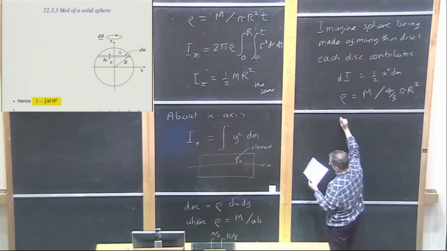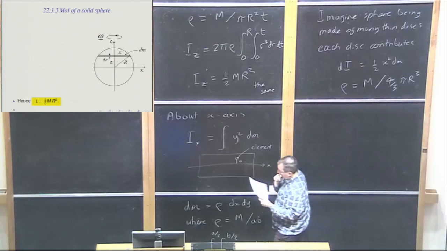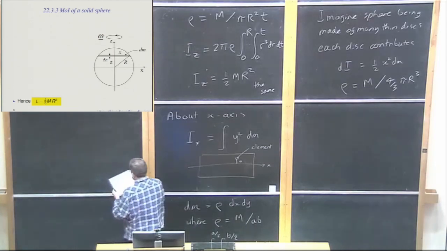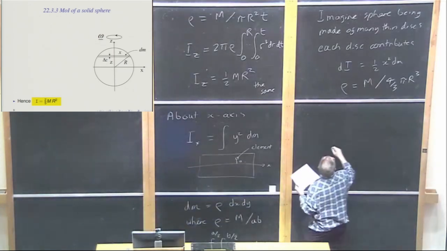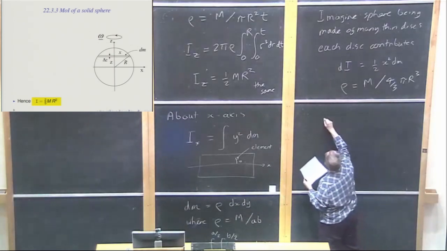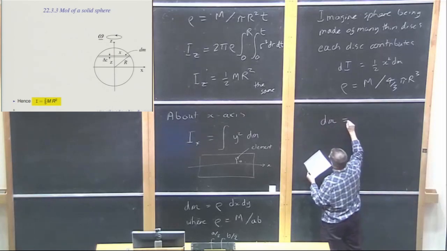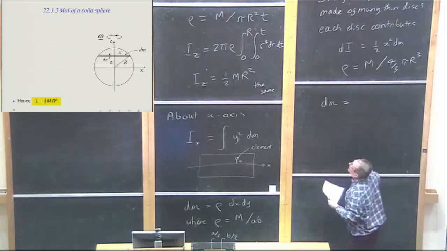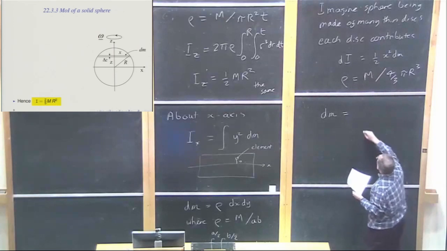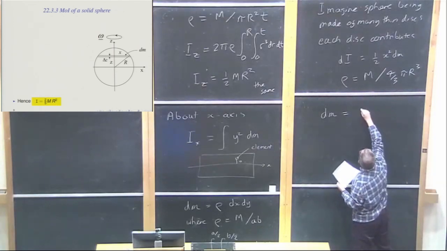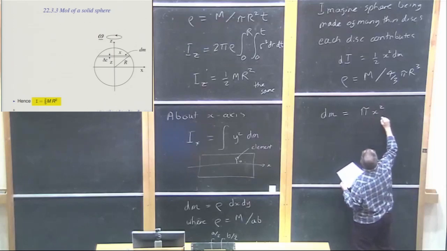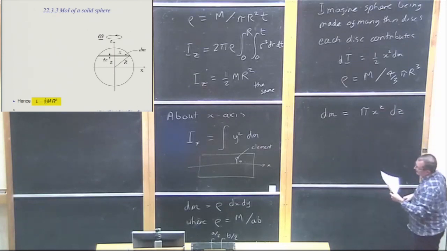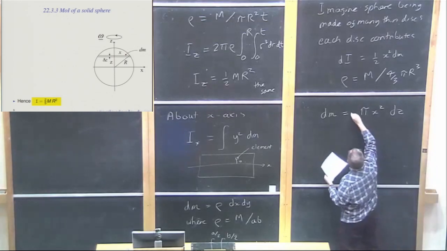So dm is going to be given by the elemental volume of this disk, which is the area of the disk, pi x squared, multiplied by the height of the disk, dz. That gives me the volume of the disk, and then I multiply it by rho.